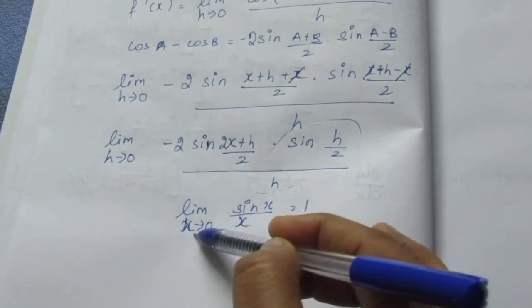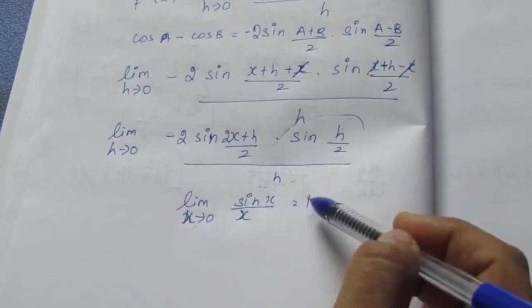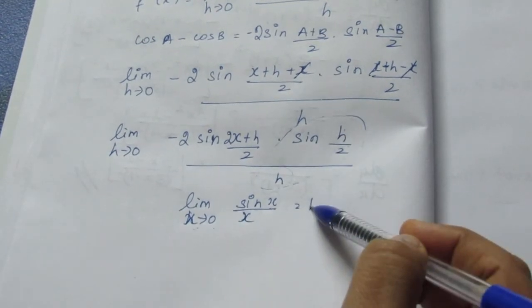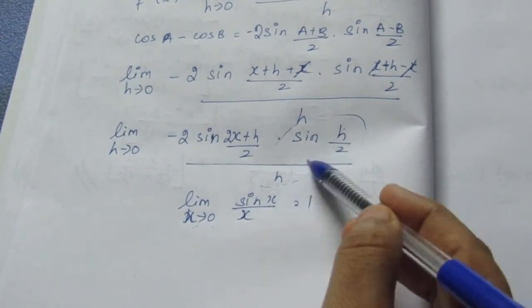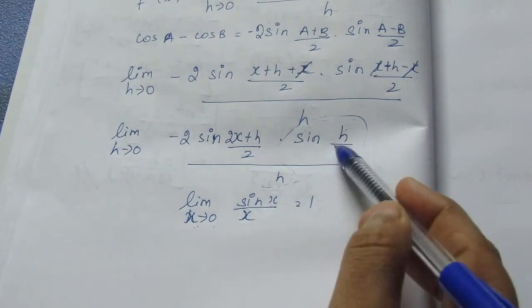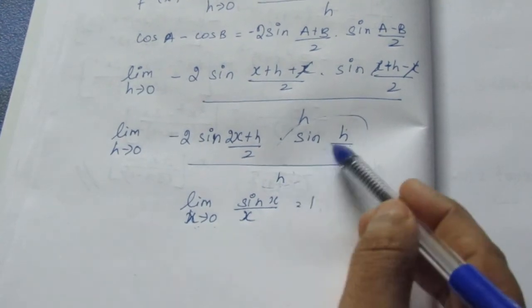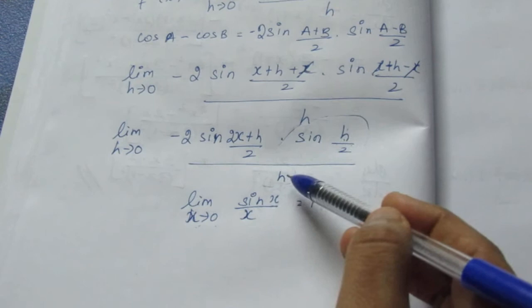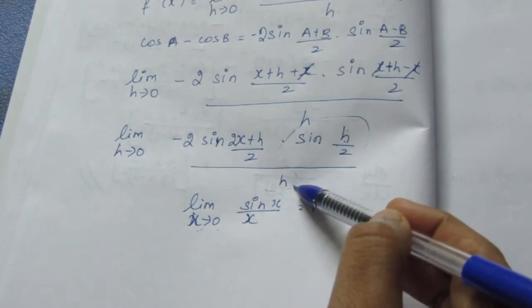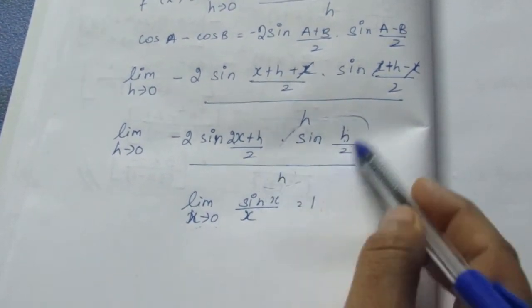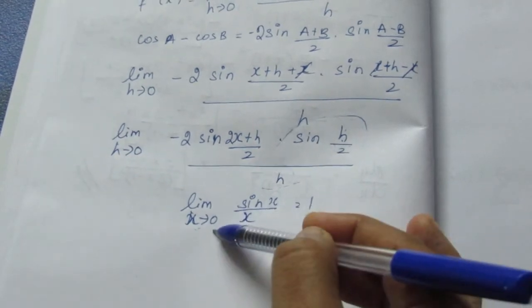If it is the same and the limit tends to 0, then we know that the value will be 1. So to make it this form, I want h by 2 in the denominator. If we have h by 2 in the denominator, then we can substitute this to be 1 when taking the limit.